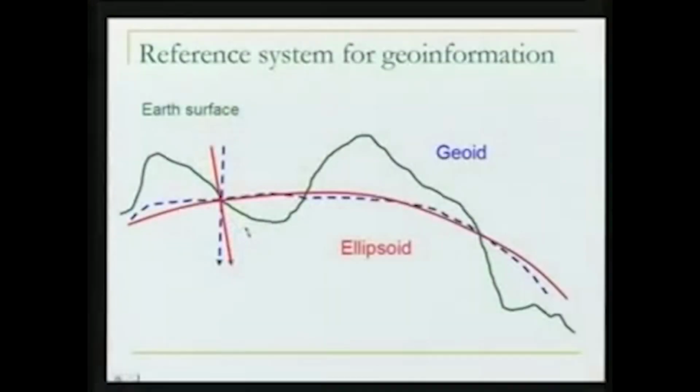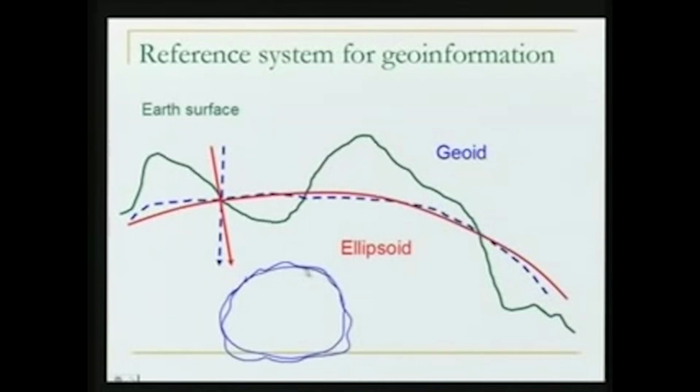So in that case, we have to define another surface, and this surface is called ellipsoid, which is shown here by the red color. Now, what is this ellipsoid? If our Earth's surface is slightly undulating, we can fit our Earth with an ellipsoid. So, this is the best fitting ellipsoid to the surface of the Earth for a particular part of the Earth.